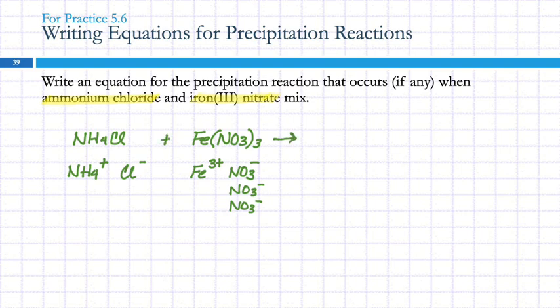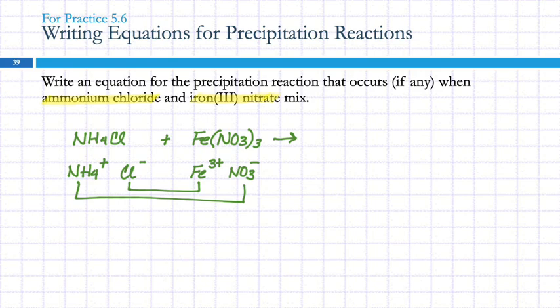And now what I want to do is predict the products. So let's get rid of these extra guys. What I'm going to do is I'm going to say, well, what if these two couples swap partners, right? Let's see if ammonium and nitrate hit it off. Let's see if iron 3 and chloride precipitate. Why can't I see if ammonium and iron 3 form a precipitate? They're both positive charges. Our compounds have to be neutral.